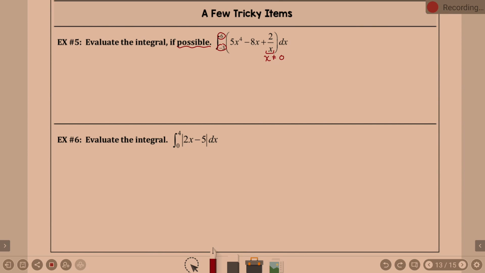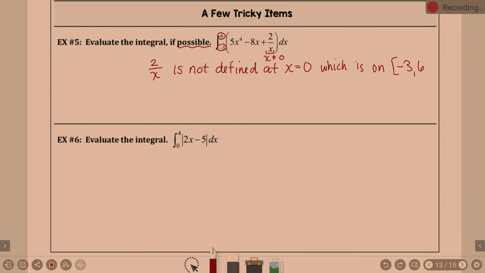Okay, so 2 to the x is not defined at x equals 0, which is on -3 to 6.